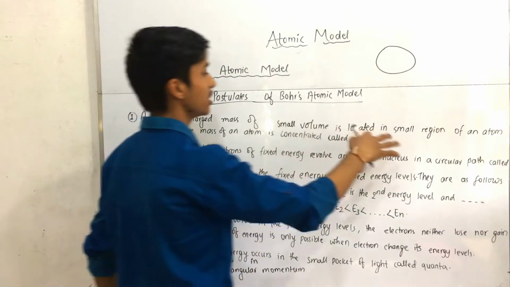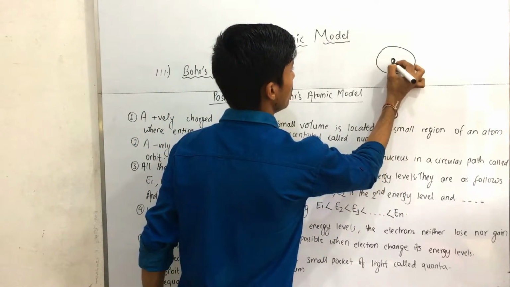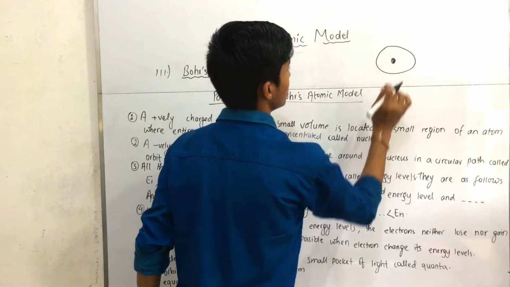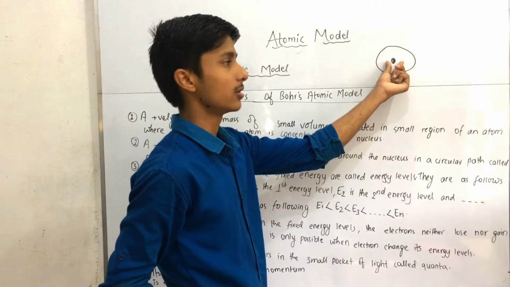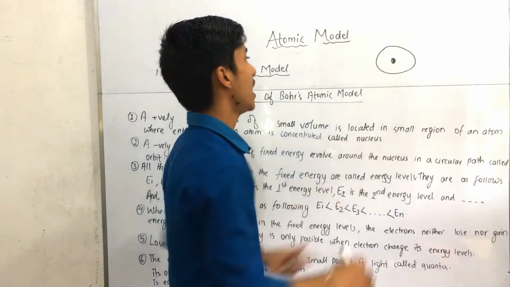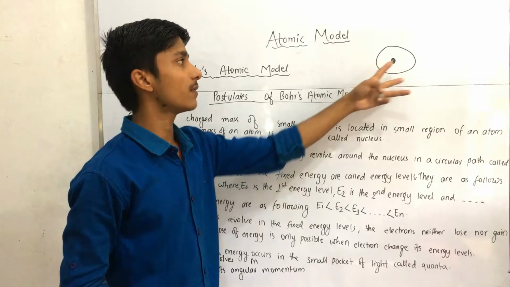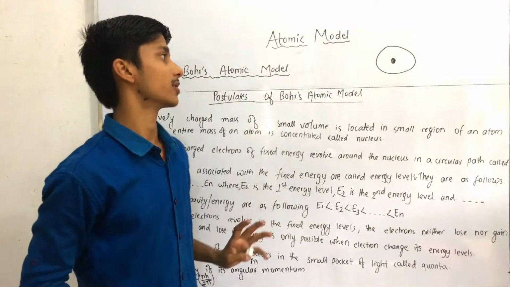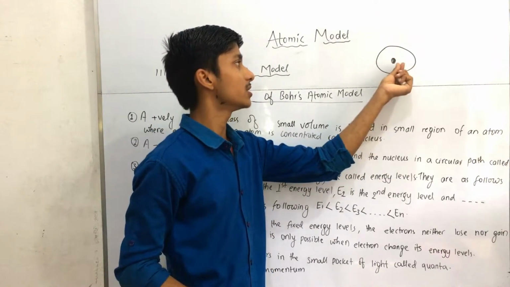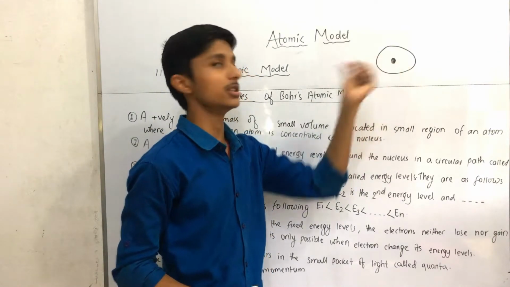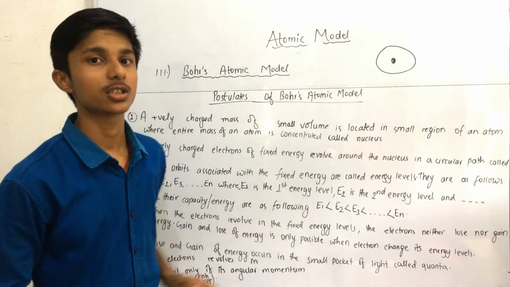He told that it is a small volume of mass located in a small region, and it has positive charge, where the entire mass of the atom is located. It means all the mass of the atom is concentrated in this nucleus, which is located in the center in a small volume.